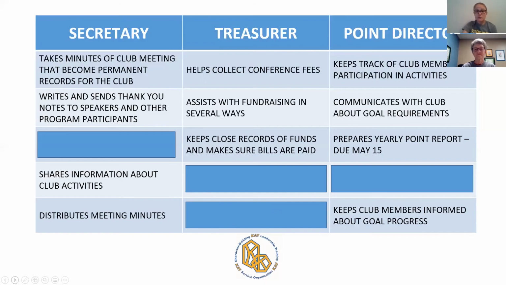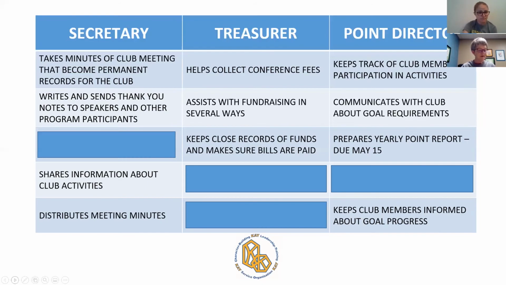So when you have a speaker come out or someone else help you with a program, please write those people the thank you note. And a handwritten note always says way more than an email or a text or anything like that. Find some fun stationery for your club, but thank you notes are the job of the secretary.